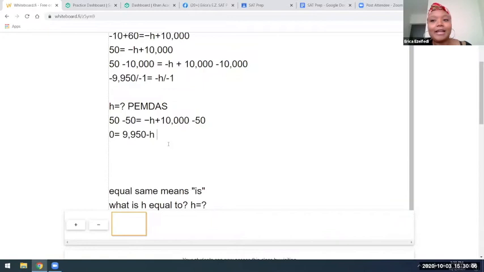So we're not adding h to 9,950 so much as we're adding h to the right side of the equal sign. So we're going to add h to the right side of the equal sign. I'm going to put it in the parentheses to separate it so you can see how I'm adding it.